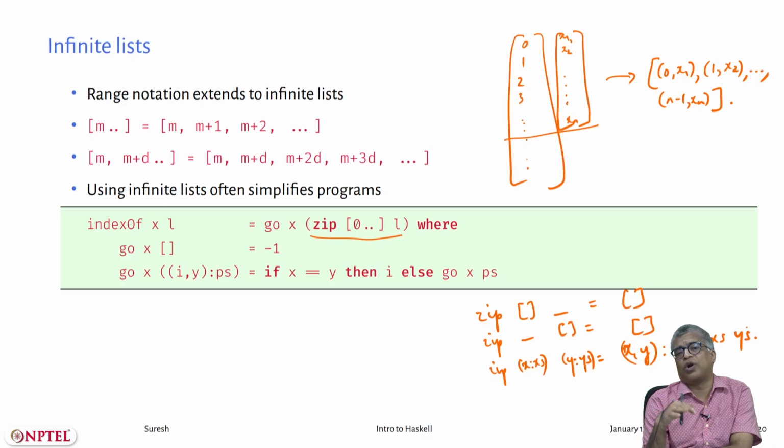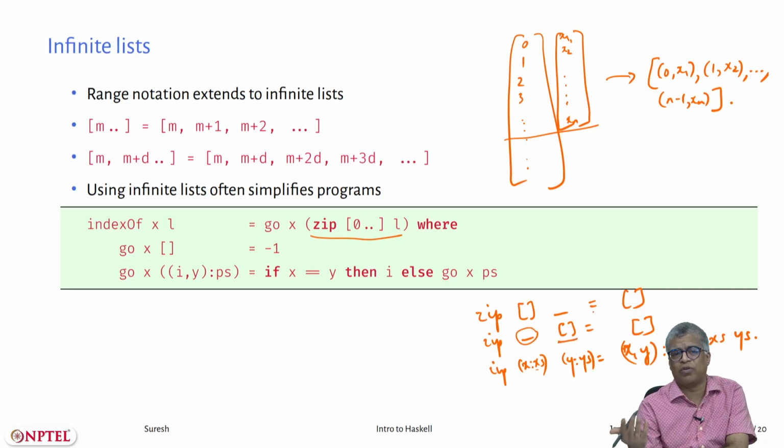If I have x followed by x's and y followed by y's, then you pair up x and y and then you zip x's with y's. So the point is, this x's could be an infinite list, but I don't care. Especially in this case, if one of the things is the empty list, then the overall value will be the empty list.